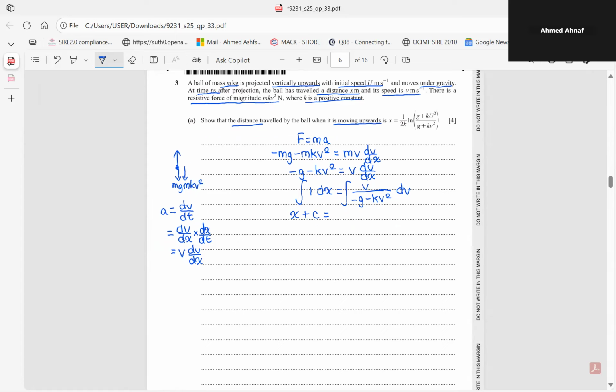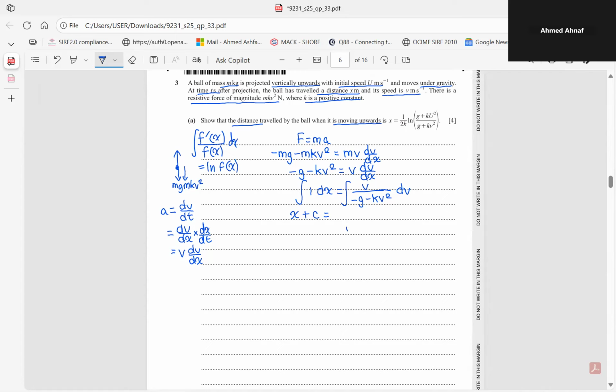So in this case, it is. The denominator's degree is 2 and the numerator's degree is 1, right? So we're going to express it in this form, f prime x over fx. When you integrate it, you'll get ln fx. So fx in this case is minus g minus kv squared.